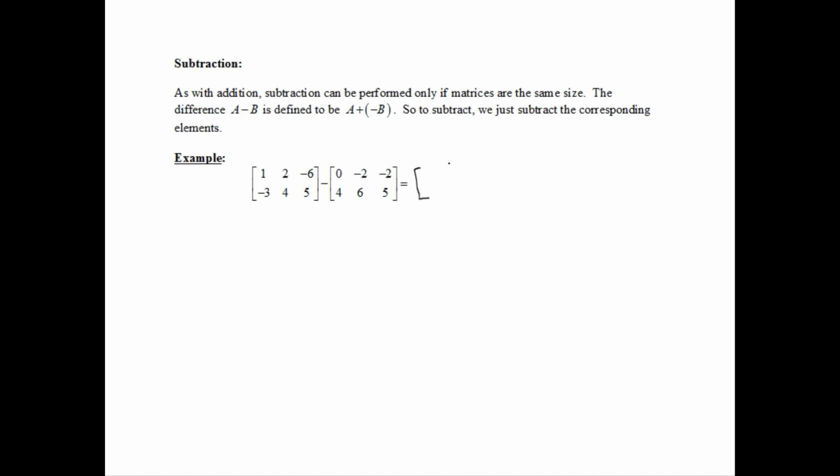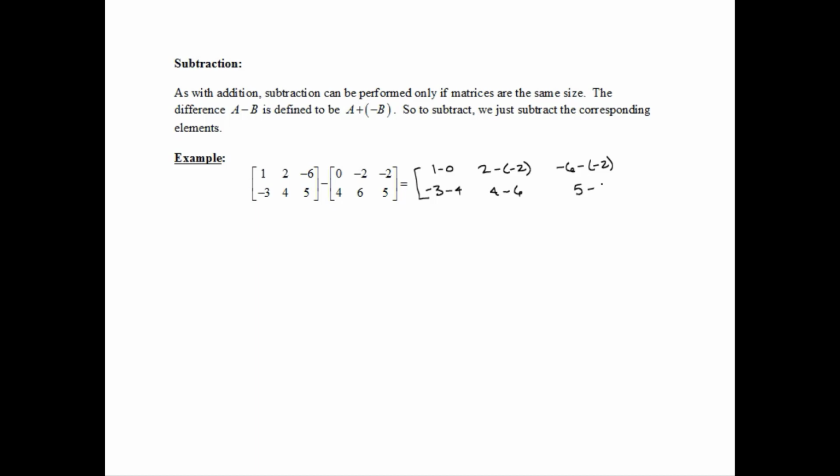So here we're going to do 1 minus 0, which is 1. 2, let me write it out a little bit. 2 minus negative 2. You've got to be a little bit careful with your minus signs here. Here we'll have negative 6 minus negative 2. Negative 3 minus 4. 4 minus 6.